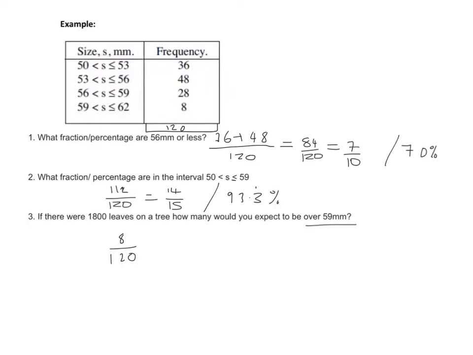And we need to know how many leaves would be over that. If there's 1,800 leaves, 8 out of 120 are over 59 millimeters. So if we multiply the fraction by the total number of leaves, it'll give us our expected value of leaves over 59 millimeters. And the answer that we get is 120 leaves would be over that amount.